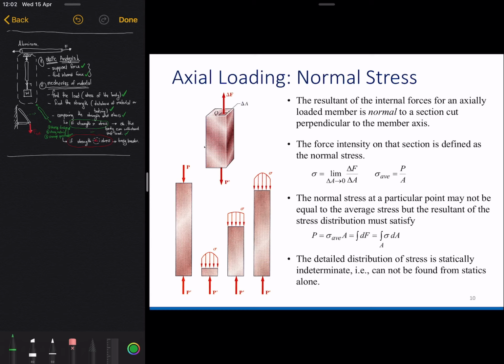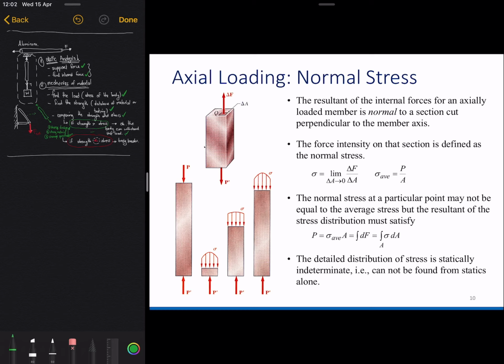The normal stress is just the axial load on the member. Normal in this case means, like, you remember normal force? Normal force is always perpendicular to the horizontal surface or any surface. Here it is also the same. The normal stress means we have the stress which is perpendicular to the plane.